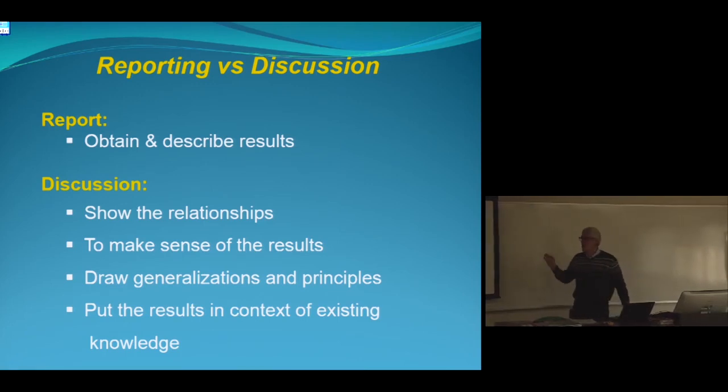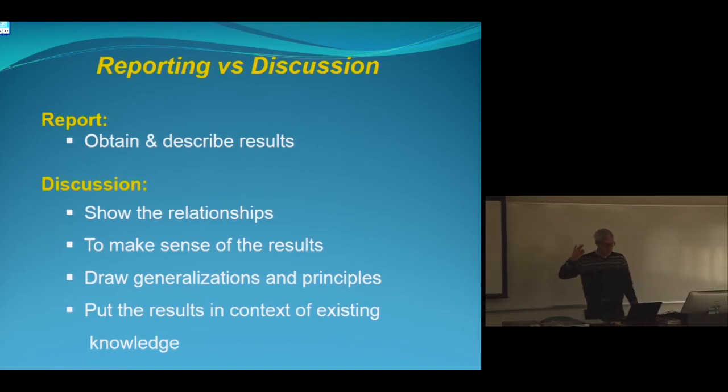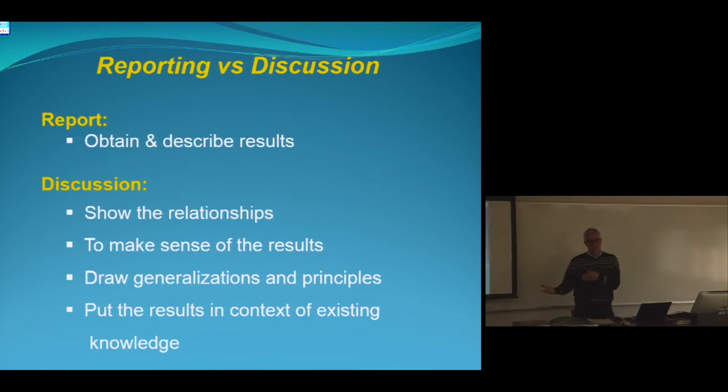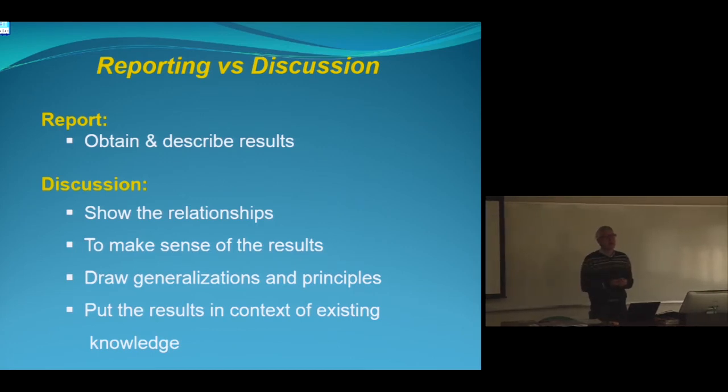Okay? So you need to show the relationships between what you measured and other phenomena. You need to give them what is these results. Are they extremely important or just what other people have found? Give them a sense of how to evaluate those results.